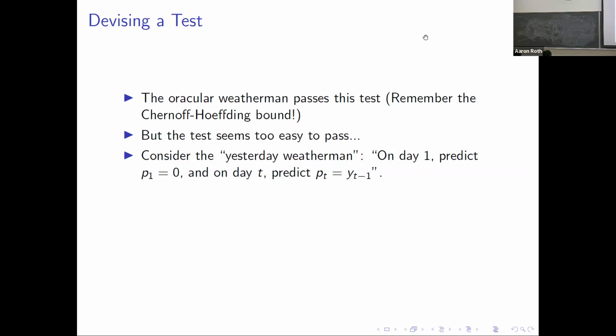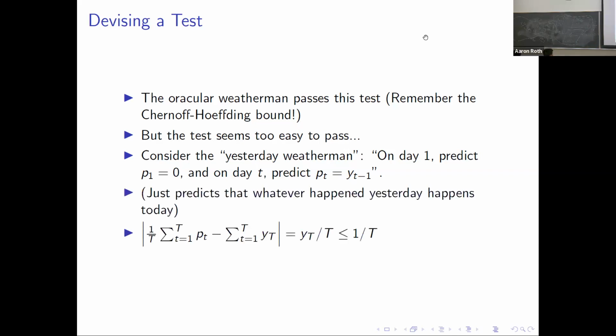And if yesterday it did rain, then predict that today there's a 100% chance of rain. And if you look at this test that we impose on the weatherman, he's going to pass it with flying colors, because the average of his predictions is the same thing as the average of the outcomes. It's just off by 1. His predictions are equal to the outcomes, just shifted over by 1.